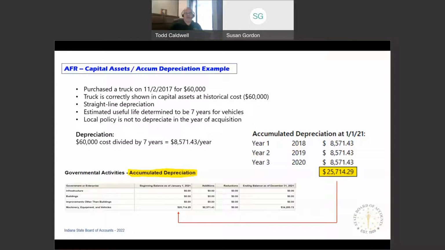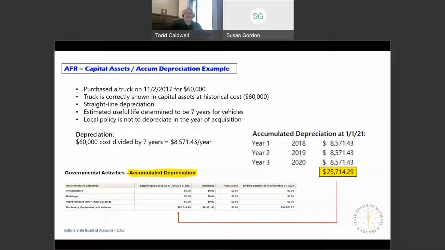And so we go back and we look, year 1, 2018 was the first year that we depreciated that $8,571.43. We do it again in 19 and 20. So at 1/1 of 21, our accumulated depreciation is $25,714.29. So we have accumulated that much depreciation for those 3 years, and you can follow the arrow and see where it will go in your annual report in that beginning balance column.